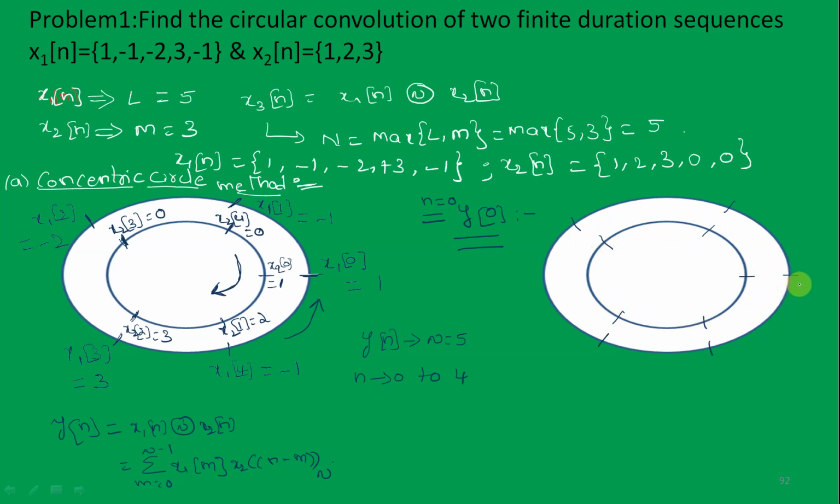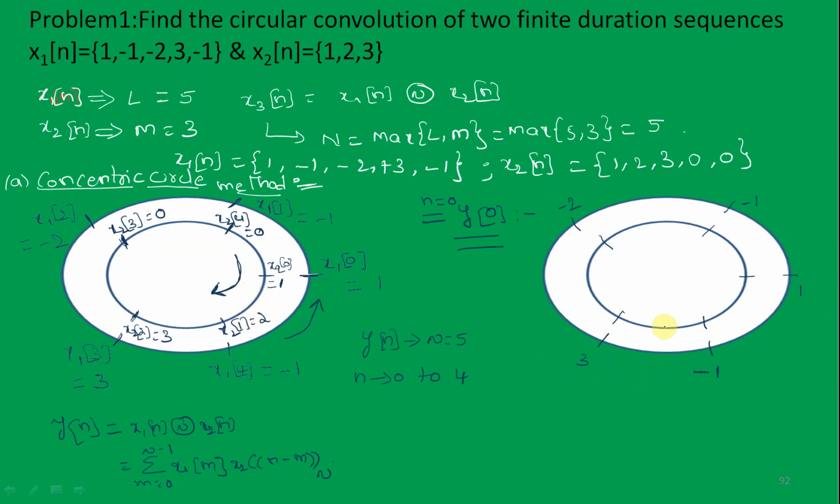The outer values are 1, minus 1, minus 2, 3, minus 1. Now concentrate on the inner circle.